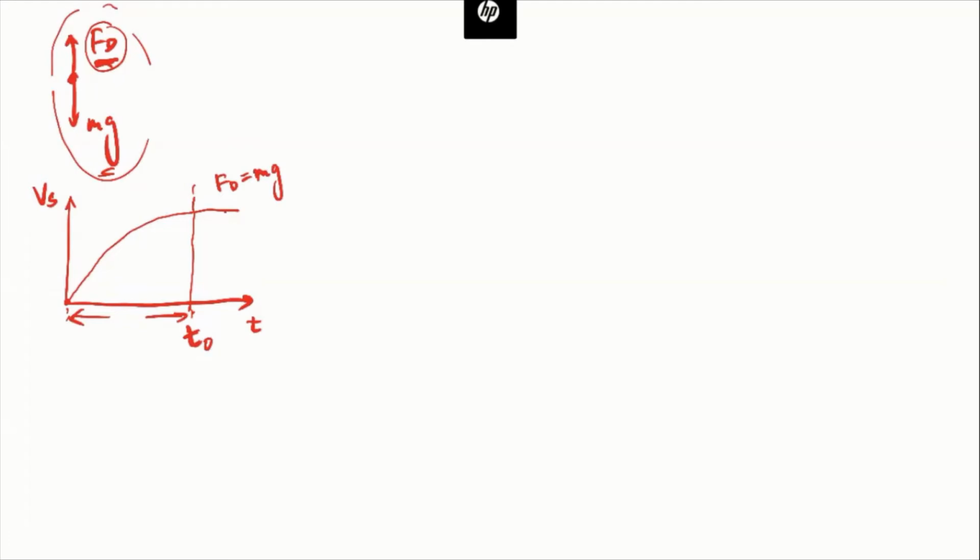So this is where we have to consider the transient property, basically to use some differential equation to understand this process, right? So let's build up this equation again. According to Newton's second law, ma is equal to all the forces on the particle. So that's going to be mg minus the drag force.